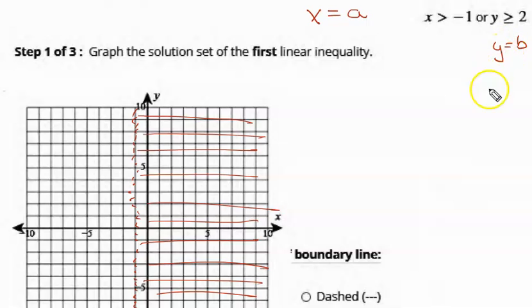Now this next one, and I'll use black for this, says y is greater or equal to a negative 2. So again, this is a horizontal line going through -2. And are we using a solid or a dotted line? Well, because it's also equal, we're using a solid.